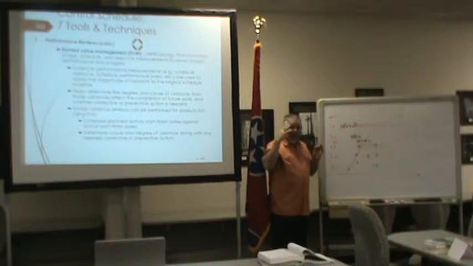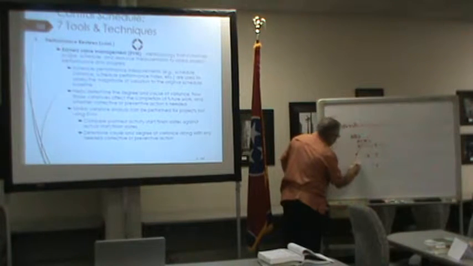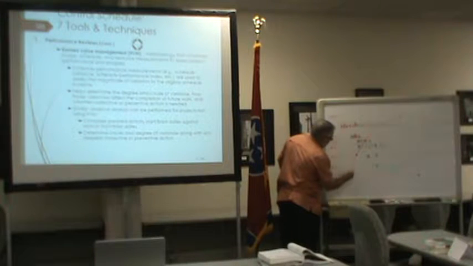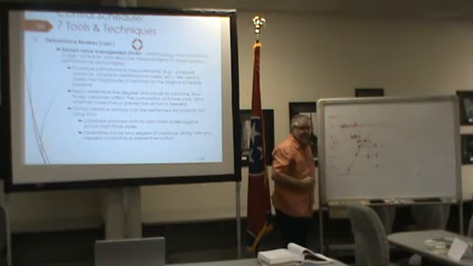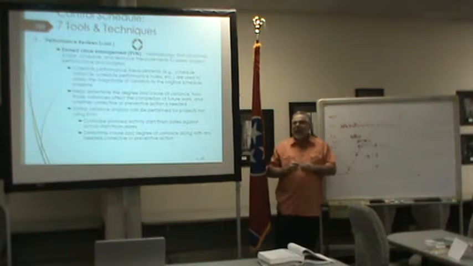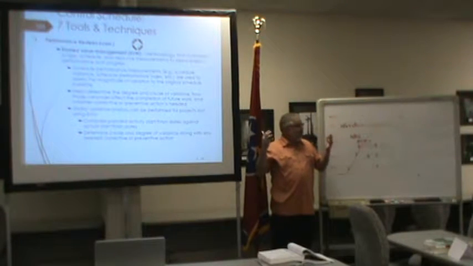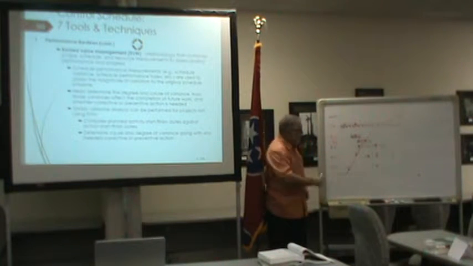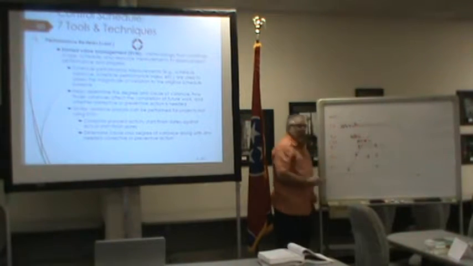Now, in earned value management, what I do is I come back here and I say, okay, during period 1 we spent this, and during period 1 and 2, we spent this. And then we ask the question, how are we doing? Are we ahead of schedule, behind schedule, overspent, underspent? If I put that dot right there, what do you say?